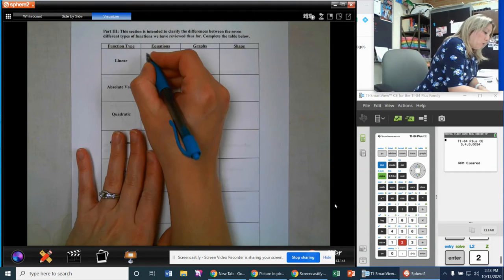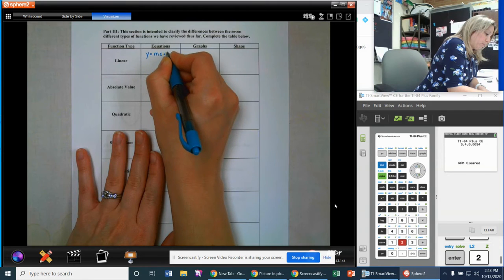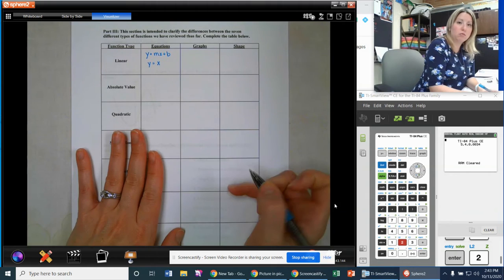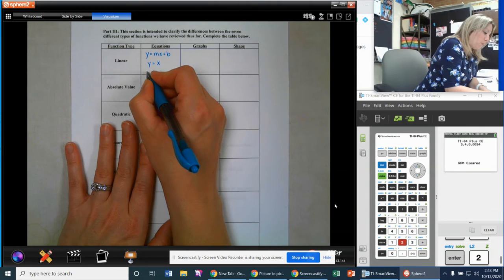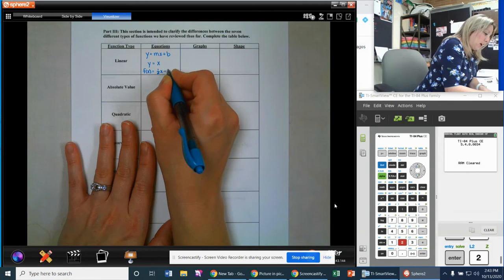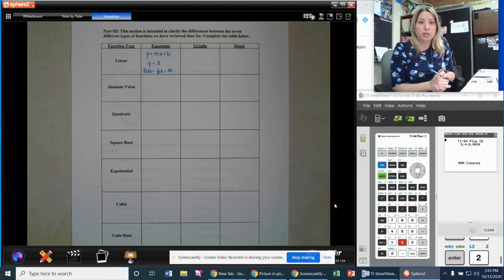Of course, you know that this is y equals mx plus b form. A general form is like y equals x. A slightly more complicated form would be something like f of x equals 1/2 x minus 10. Those are all different equations for a linear.